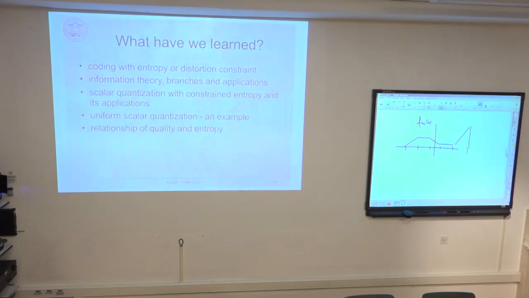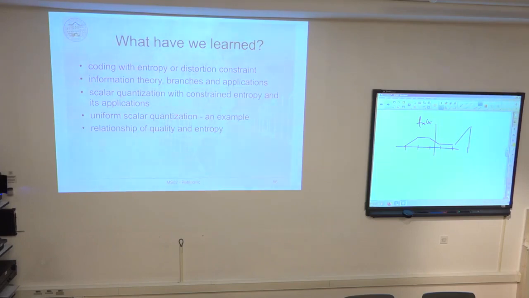What we have learned is that coding with an entropy or distortion constraint, we can either design a quantization system or coding system with an entropy constraint defined by the channel capacity, with the transmission rate that is available to us. So I have to compress it in a way that it fits into the channel.